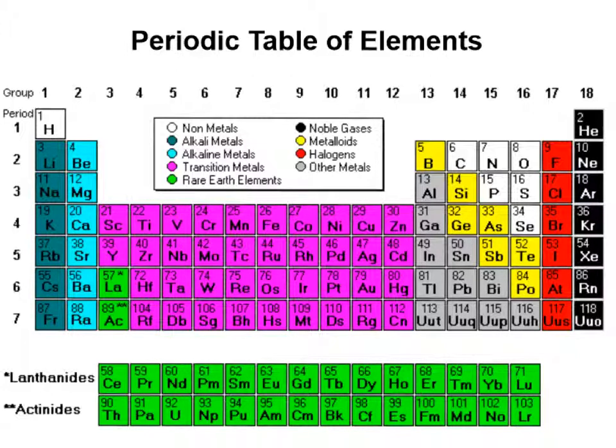That's really how it should look. These are always listed down below because by including them at this point in the periodic table, it makes the periodic table too wide to be usefully read and makes the numbers too small and it doesn't fit on a nice sheet of paper. So those are always put down here, but they really belong right there in the periodic table.